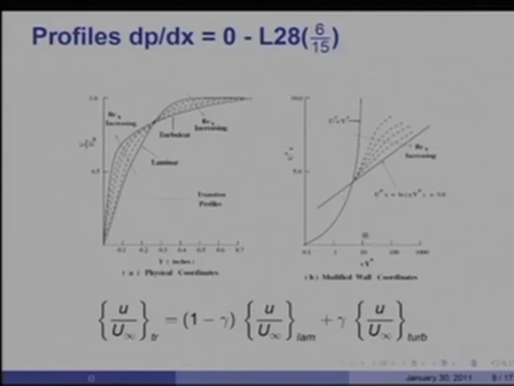In u plus y plus coordinates, it would appear something like this, and it is quite customary therefore to say that u over u infinity in transition would be 1 minus gamma times u over u infinity laminar plus gamma times u over u infinity turbulent. So, having identified the values of xts and xte, you can determine the gamma distribution with respect to x, and therefore you can use this formula. This is pure pragmatism. There is no big theory, but it seems to work, and actually predicts the transitional boundary layer quite well using the integral method.